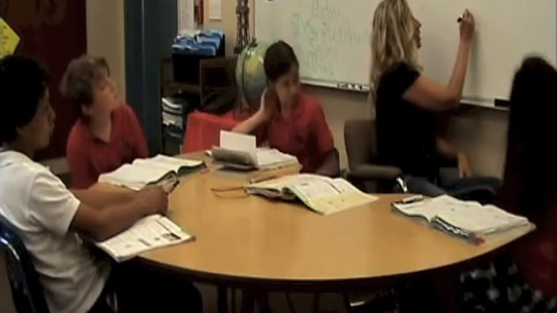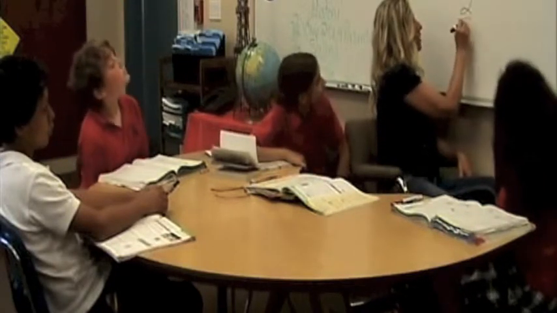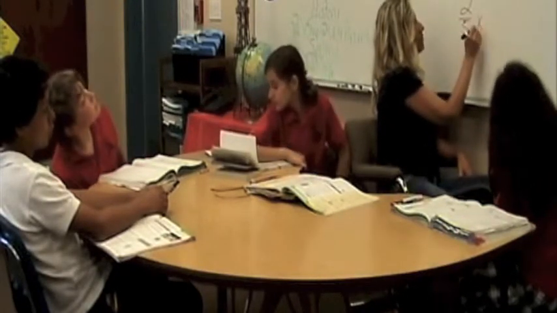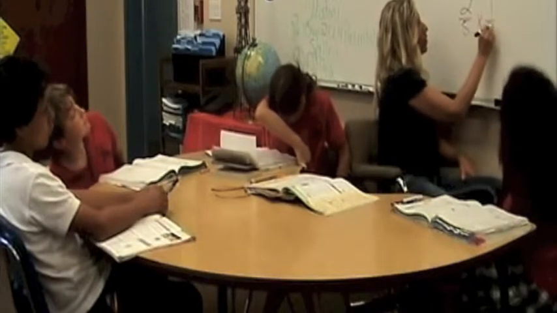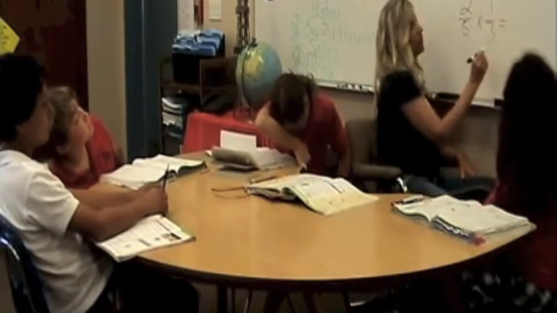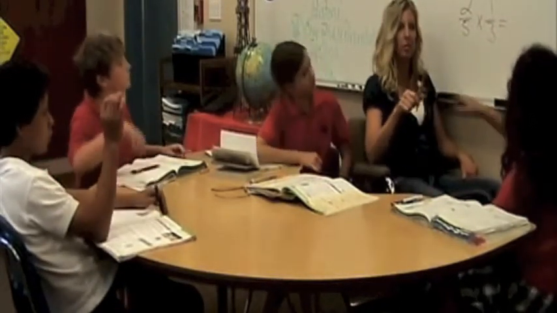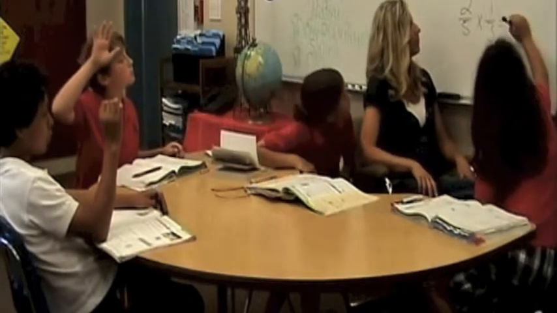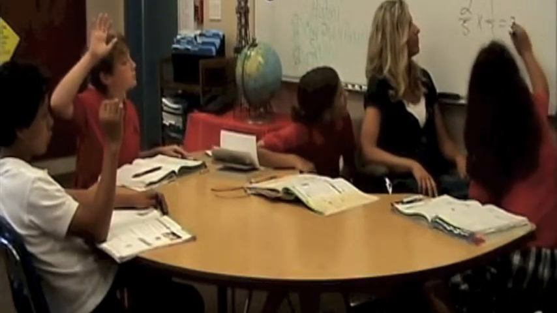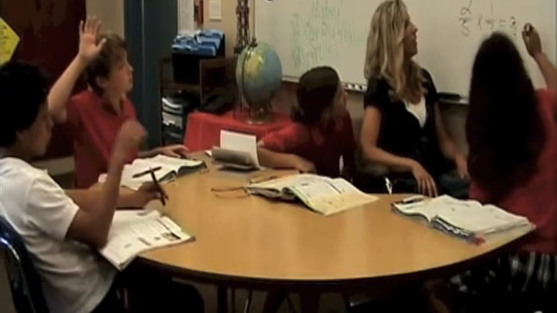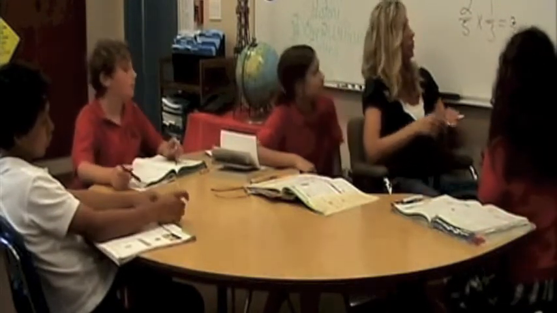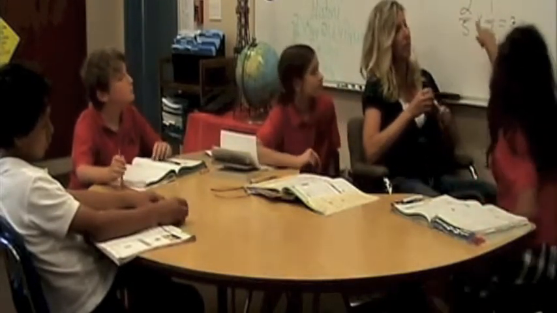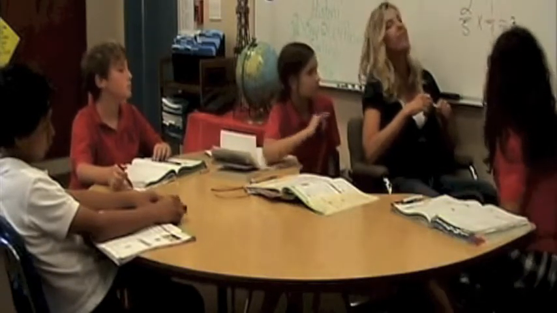So if we had 2/5 times 1/3, how would I multiply that? Sanaz, can you show me? Very good. And so what did you do to get that answer? I times these two together and these two together.